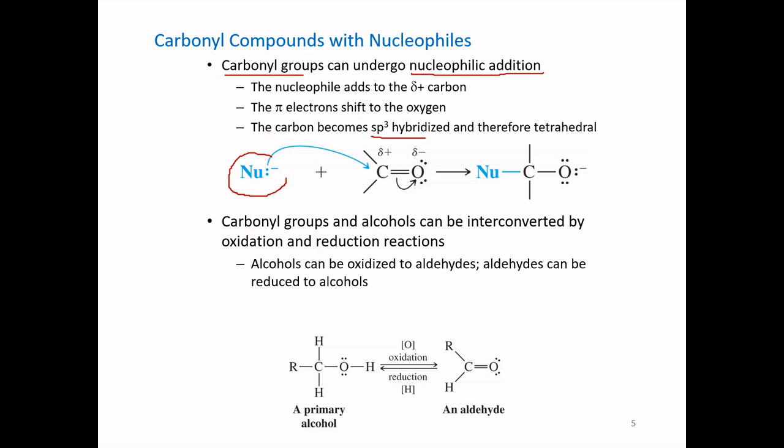Carbonyl groups and alcohols can only be interconverted using oxidation and reduction reactions. If you have a primary alcohol, when it undergoes oxidation, it will give you an aldehyde, but if the aldehyde undergoes reduction, it will give you a primary alcohol.